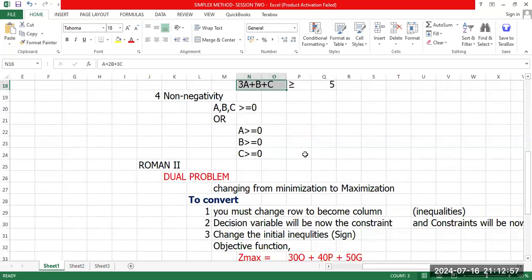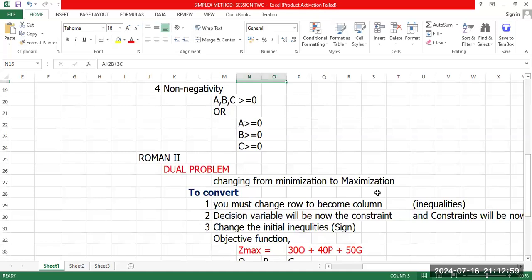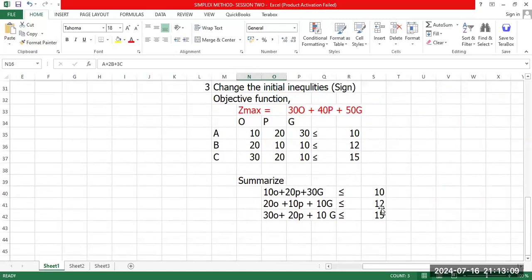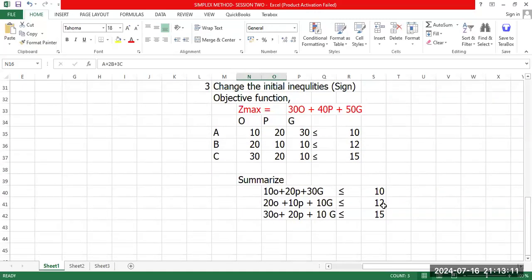You are going to reduce an inequality, like this one can be reduced. We can divide the common factor. Not every inequality you can reduce. Here you cannot reduce it by 10 because this is not divisible by 10.